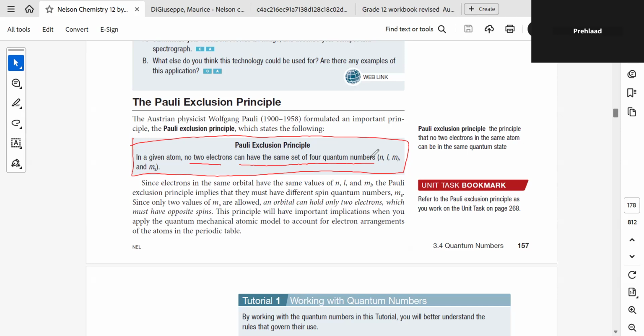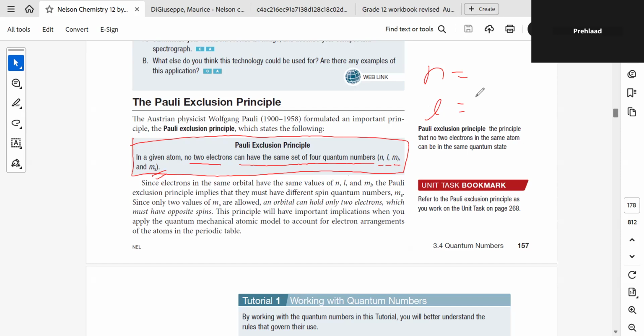Only certain ones can be the same, and the other ones always have to be different. So what will happen is, if n, l, and m are the same, then the ms number will be different. Does that make sense? If the n number is different and the l number is different, that's good enough because they are already unique.